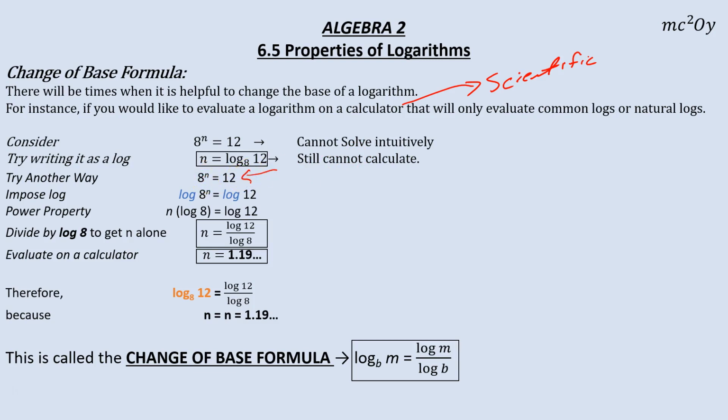Just like taking the square root of both sides when solving an equation, let's apply the log to both sides. If I have 8 to the power of n equals 12, I'm going to take the log of that side and the log of this side.